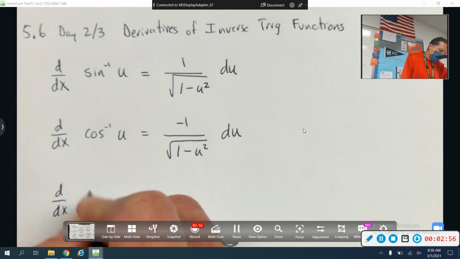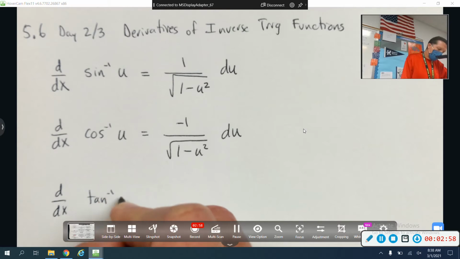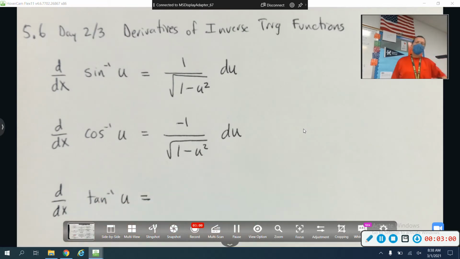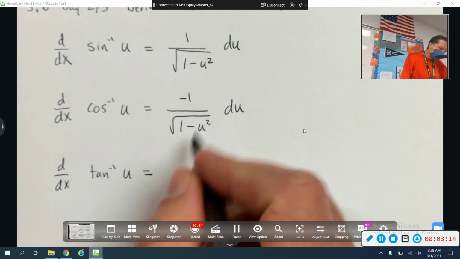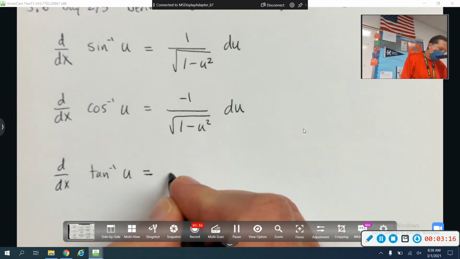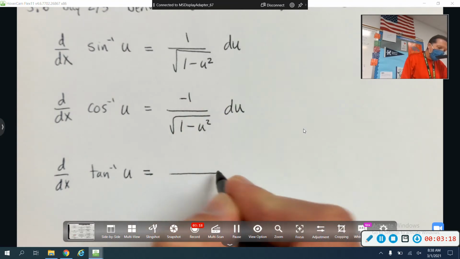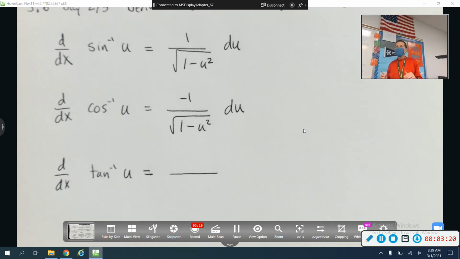All right, last one. Well, tangent has always been kind of the oddball, right, of the trig functions because the graph looks different, the period's different. It's y over x rather than just y or x. So there's lots of things different about tangent. Its derivative is going to look different. And this is like the only place that tangent is better than the other two.